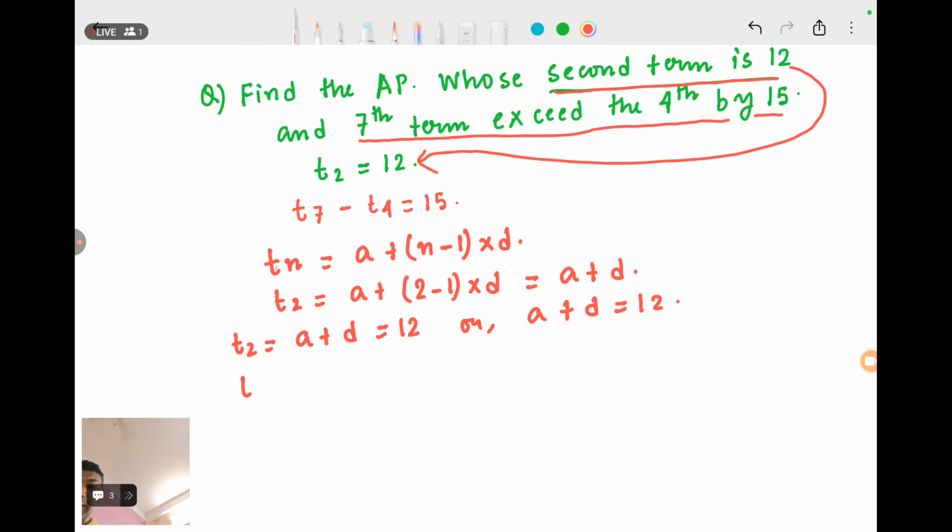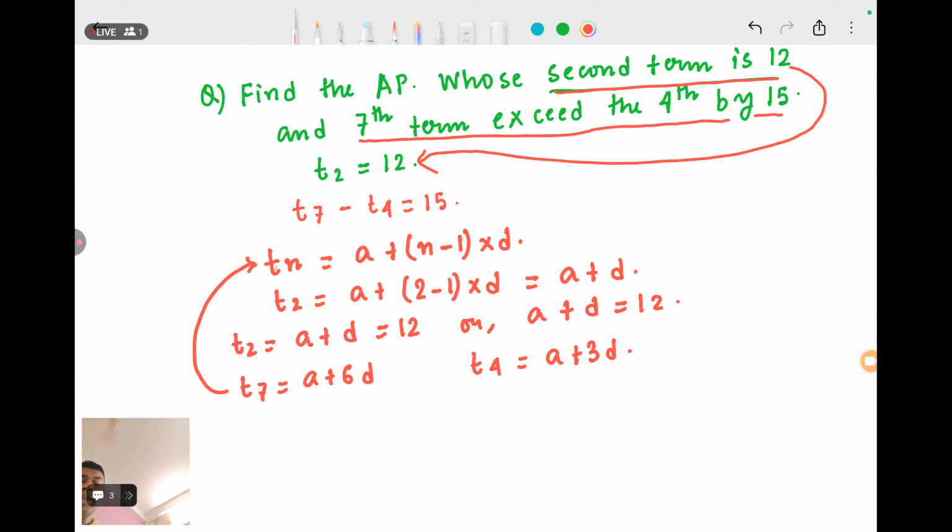Now T7 will be a plus 6d, if we put 7 in this formula Tn, and T4 is equal to a plus 3d.